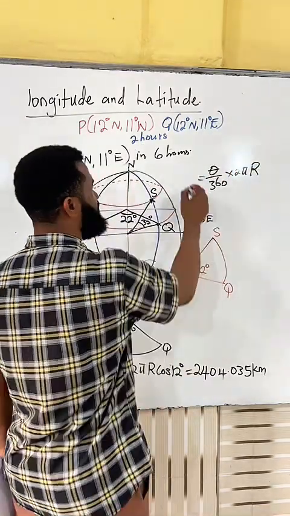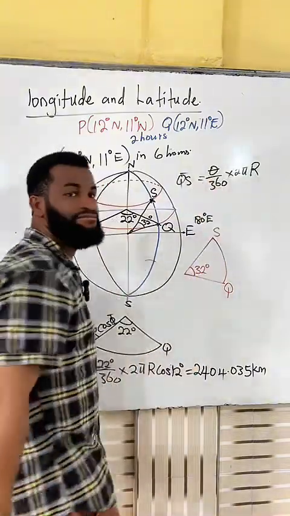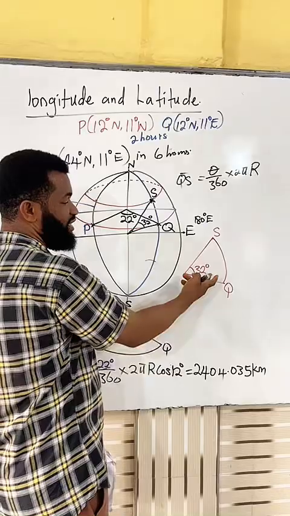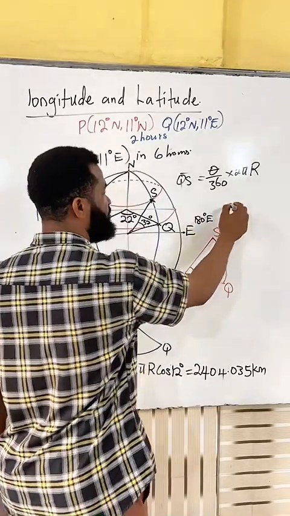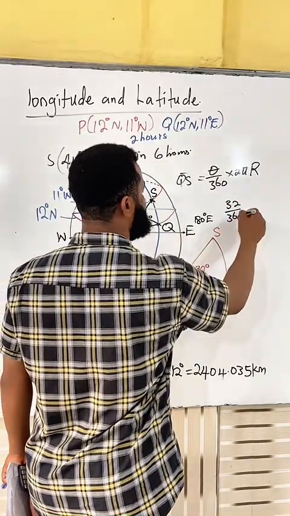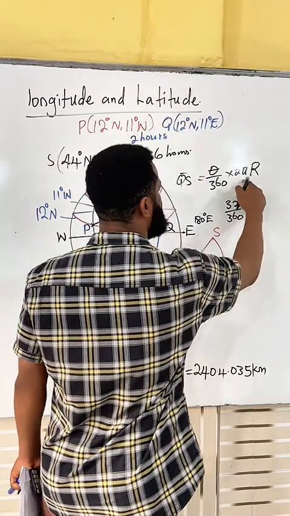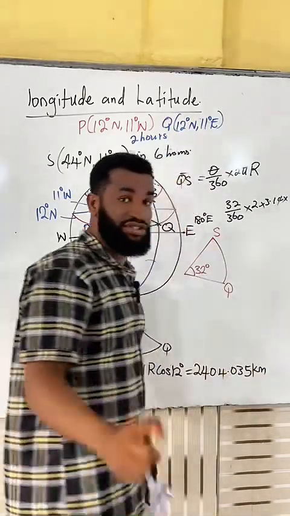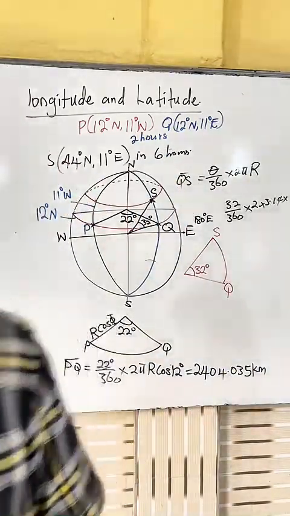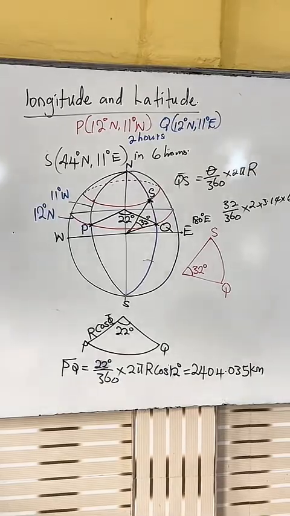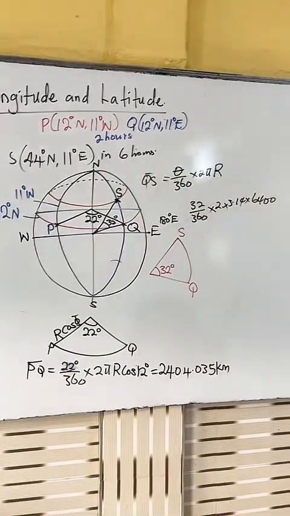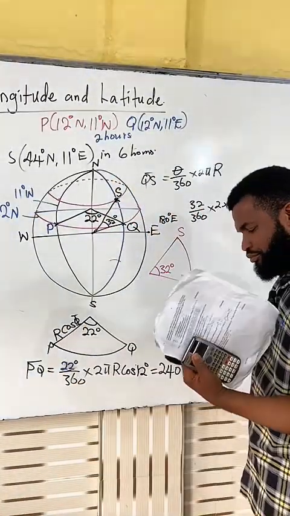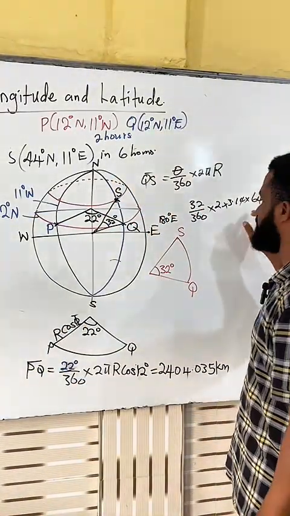Remember, I'm talking about QS. So the theta is the angular difference. So this is going to be 32 all over 360 times 2 times pi, which is 3.14, times R, which is 6400. So that is what we have right now.